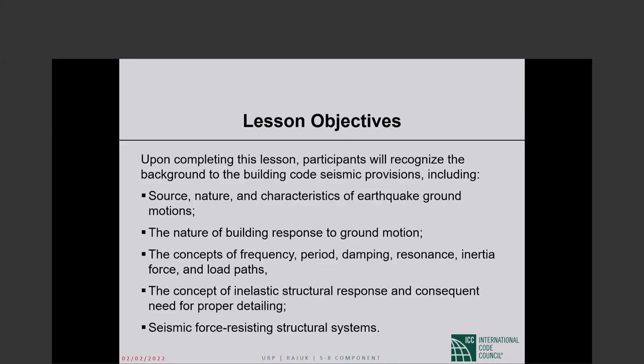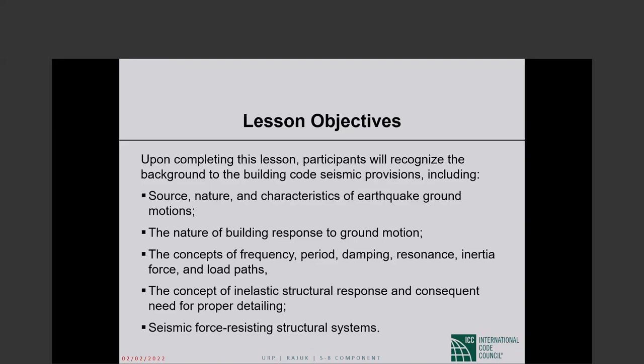So upon completing this lesson, just today, participants will recognize the background to the building code seismic provisions, including source, nature, and characteristics of earthquake ground motions, the nature of building response to ground motion, the concepts of frequency, period, damping, resonance, inertia force, and load paths.